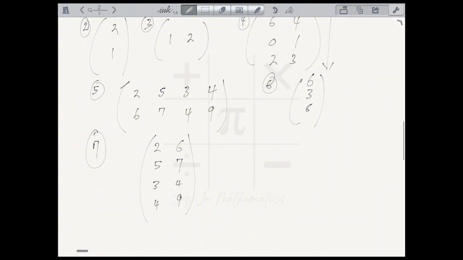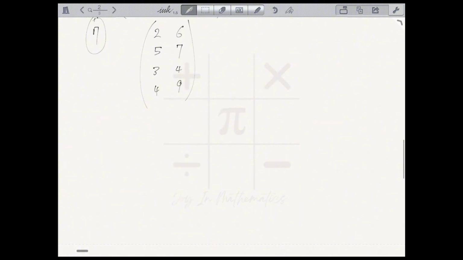Now, what are the uses of matrices? When we are looking at the applications, generally, we can use them to solve linear equations: 2 unknowns, 2 equations, 3 unknowns, 3 equations, and the rest.